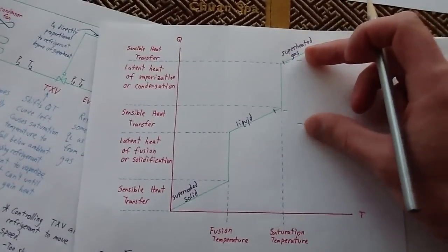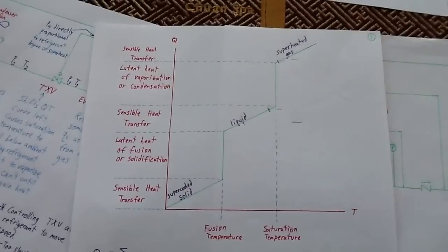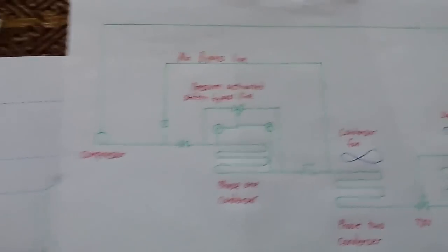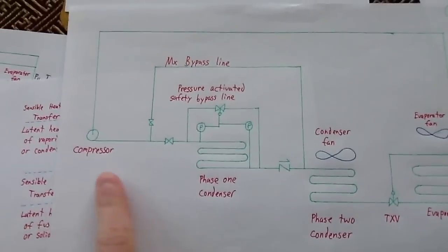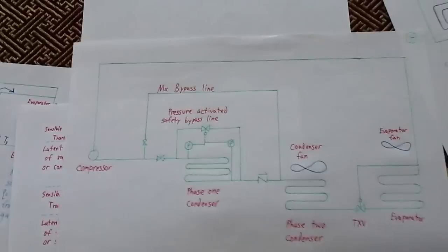So by lowering the temperature, we've added an additional amount of heat that's going to be available for transfer in the evaporator. Consequently, the compressor right here is going to have to operate less frequently. Okay? So, that's the first way that the system is more efficient.